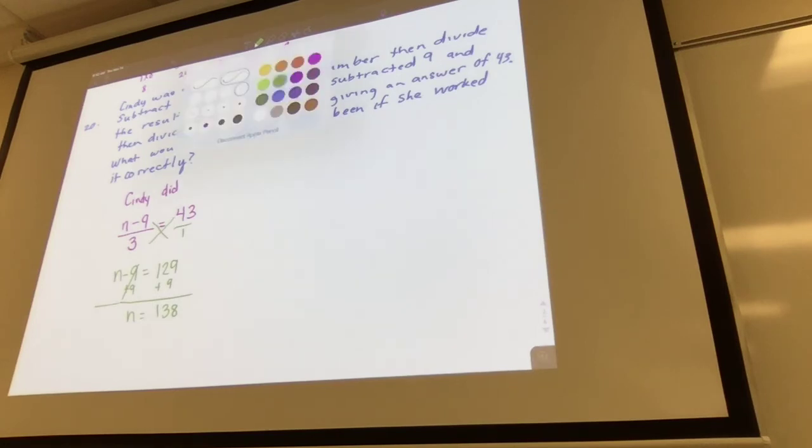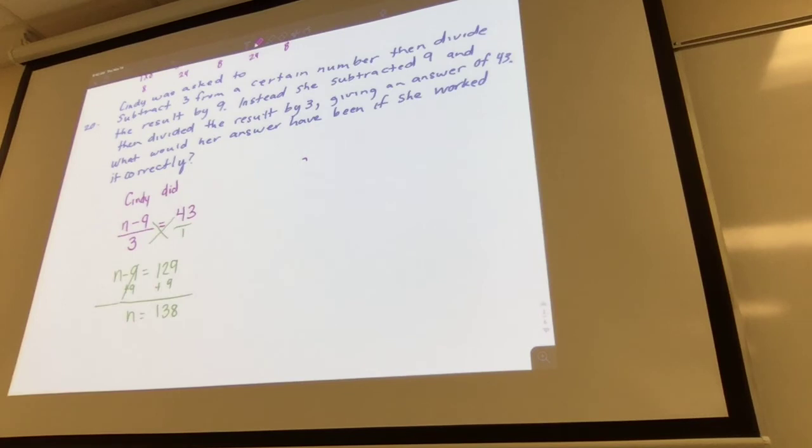So what we want to compare that to is if Cindy worked correctly. We'll say if Cindy worked correctly over here. This is what she did, and this is if she worked it correctly.